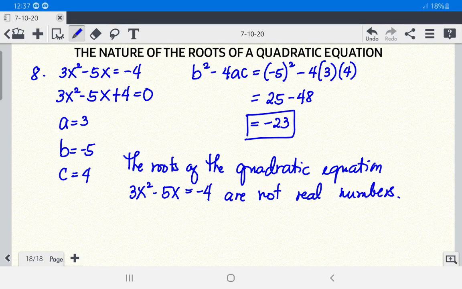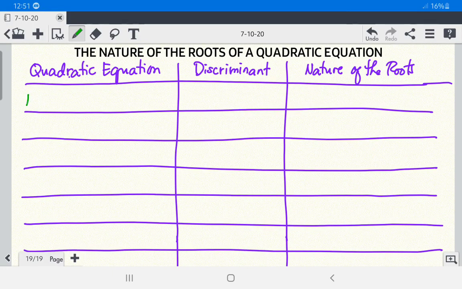Okay, let us have a recap of our examples. For number 1, we have x squared plus 6x plus 5 equals 0. So, its discriminant is 16. So, the nature of the roots is that they are real, rational, but unequal.